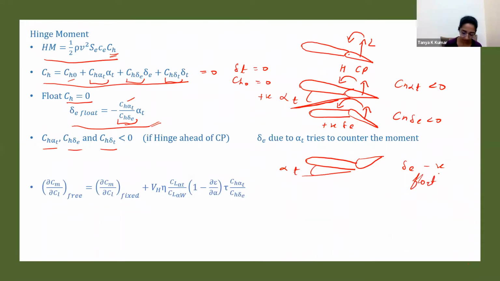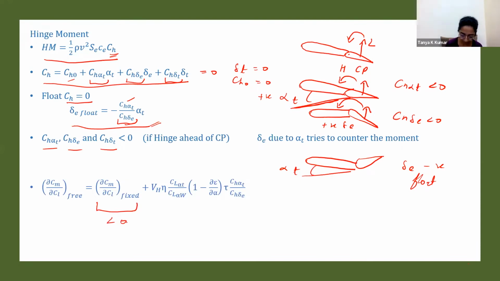Now the other condition that we saw is the relation between the stability margins of the stick free condition and the stick fixed condition. DCM by DCL is a measure of stability, like the stability margin. For a stick fixed case, this quantity is negative for a stable aircraft.